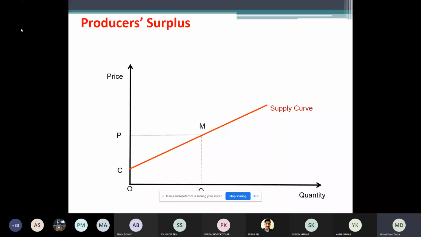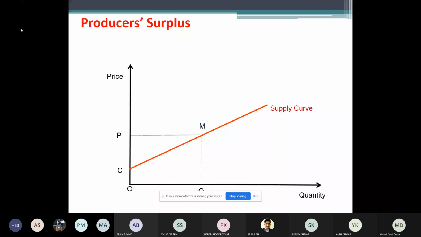Now the issue here is, although he is getting OP price for the entire range of product from O to Q, actually he was prepared to sell the product at lesser prices, for quantities lesser than OQ. So along this line, CM line, he is prepared to sell the product at lesser price, but since he has ended up selling the product equivalent to OQ, he is getting a uniform price OP.